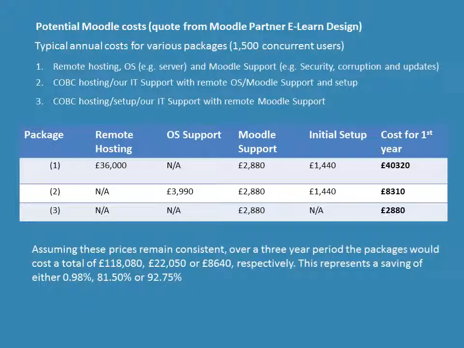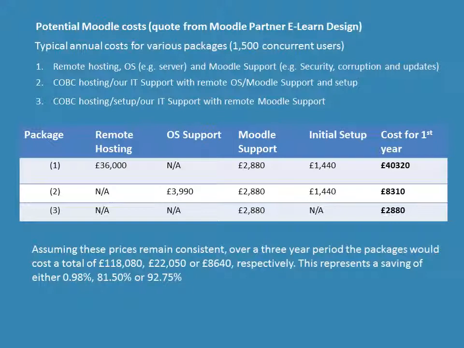So if we look at those three packages and the various options they present to us, assuming the prices remain consistent for 3 years, the packages would cost a total of either £118,080, £22,050 or £8,640 respectively.